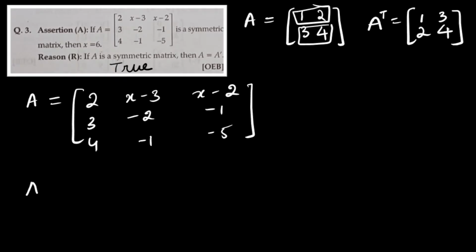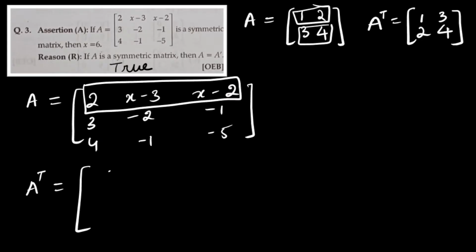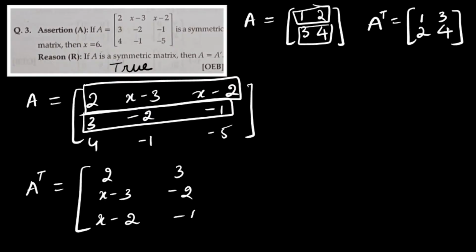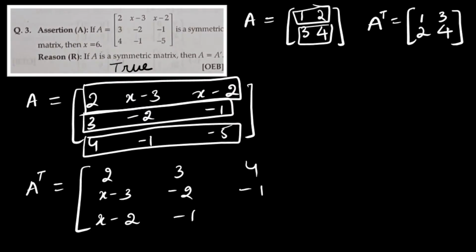Let's write its transpose also. Rows change to columns: this row becomes column 2, X minus 3, X minus 2; this becomes column 3, minus 2, minus 1; this becomes column 4, minus 1, minus 5.